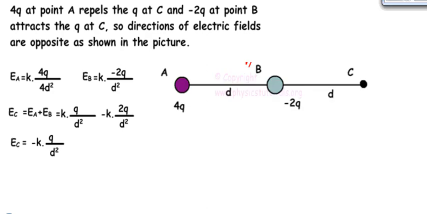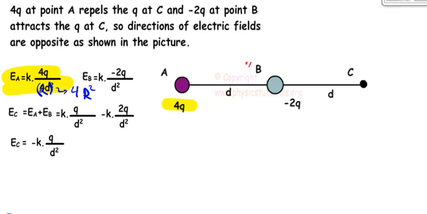So insert the picture here, and now if you look, A is a value of 4q, and it is a distance of 2d squared. Well, the whole thing is squared here, and this was a 2, so now it becomes 4 times d squared, and we're using r.